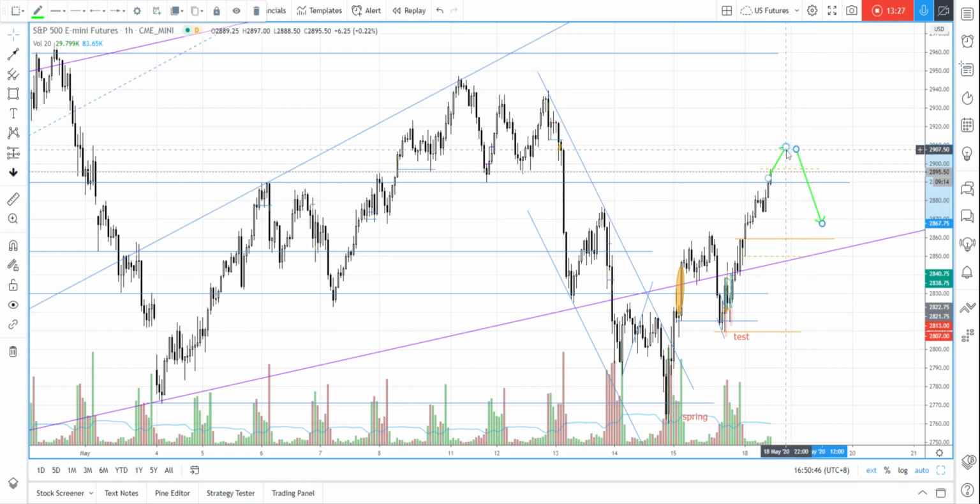And if it does the opposite and tests the support level at 2840 to 2860, which is the last hour bar from Friday as well, then you can probably consider a long entry somewhere around there.